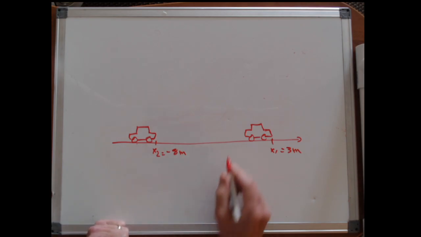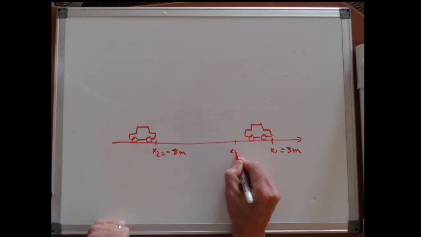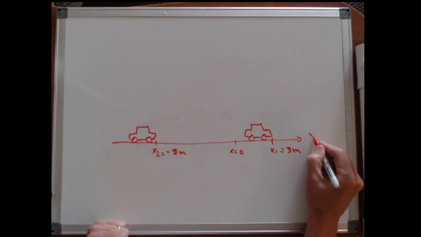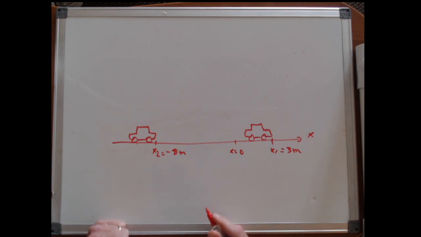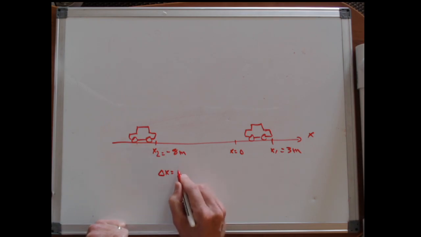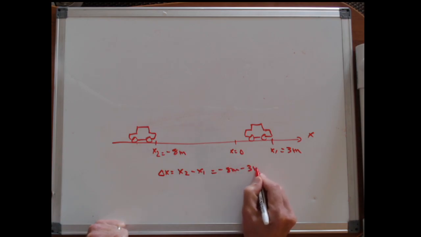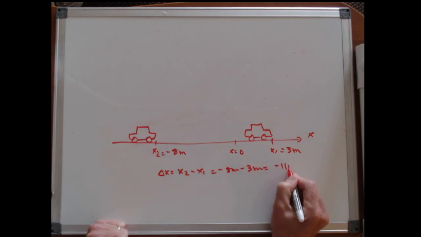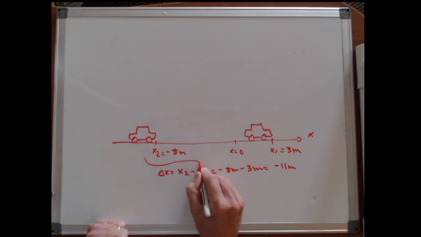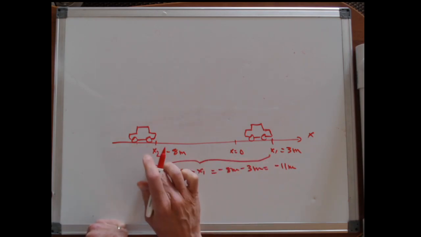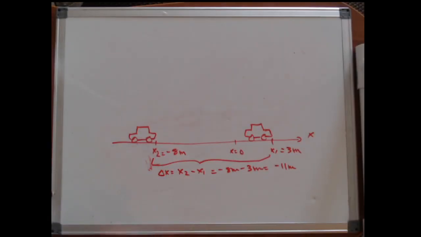So my 0 on my number line is somewhere in here. This is my x direction. And now I can say delta x, which is exactly what it was before, is x2 minus x1. It's minus 8 meters minus 3 meters, which is minus 11 meters. And so that's how far the car traveled during this little jaunt.